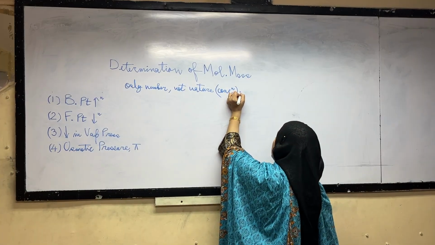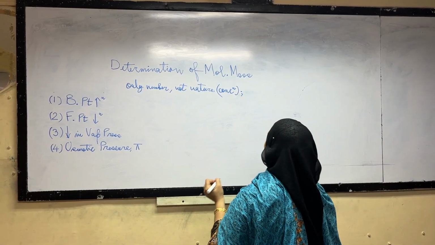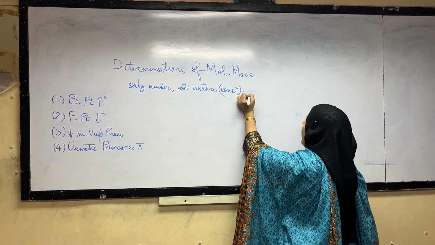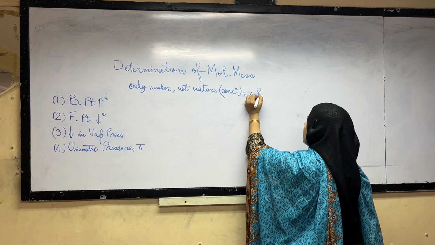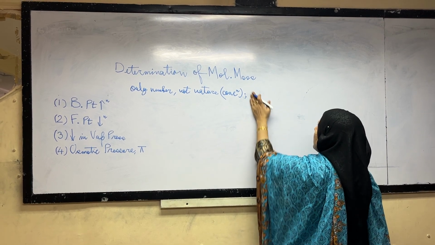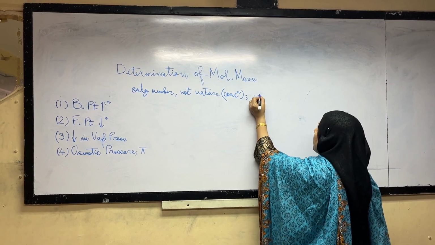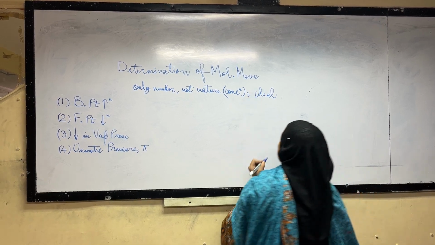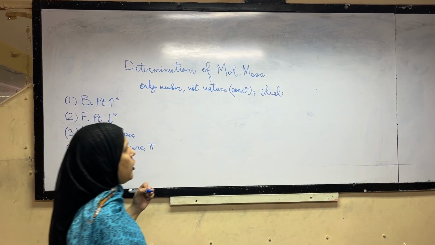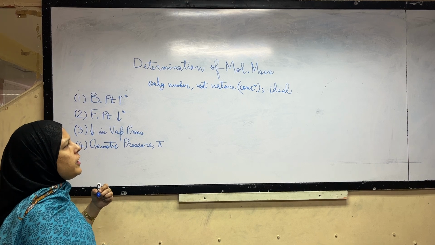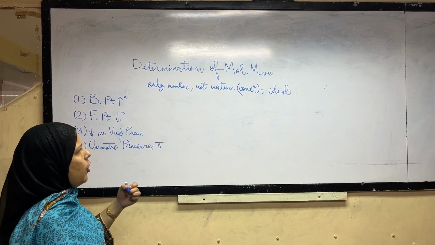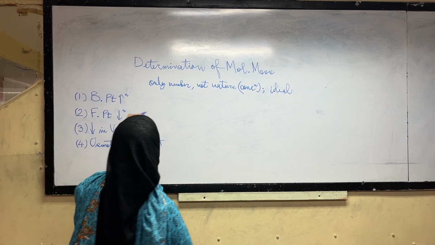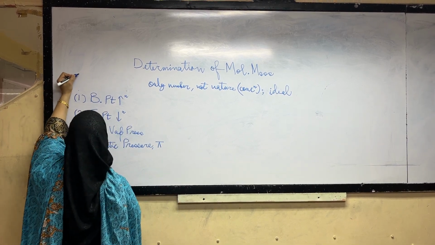And also it means that the solutions of these molecules in the solvents are ideal solutions. An ideal solution is a solution in which the solute molecules don't interact with each other, nor do they interact with the solvent. So therefore these properties are called colligative properties.